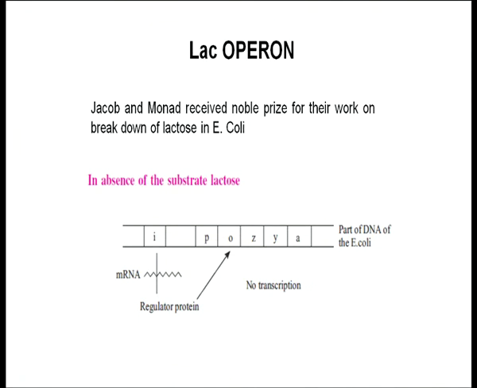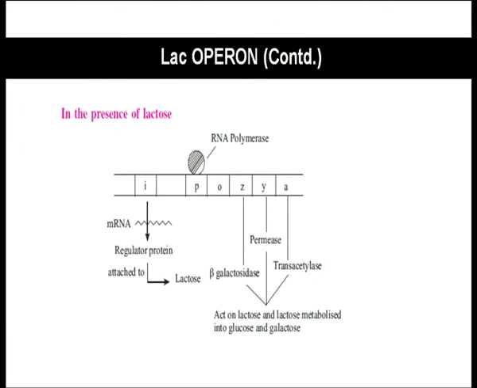So, in the absence of lactose, the regulator protein binds to the operator gene and it will not let RNA polymerase bind to the promoter gene for the transcription of the 3 genes Z, Y, A, which are the structural genes. And in the presence of lactose, this regulator protein which is synthesized by the I gene will attach to the lactose.